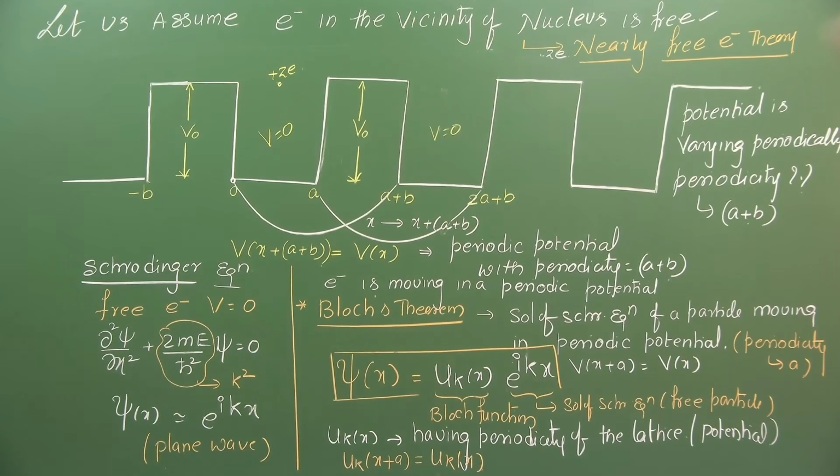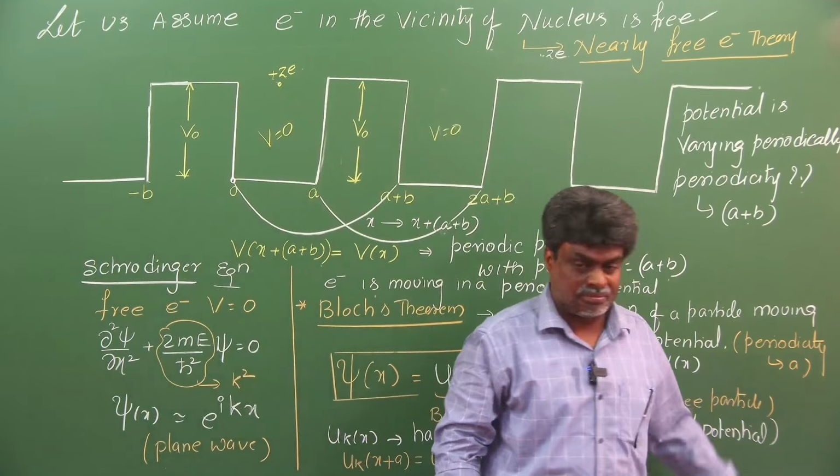In the theorem, I am assuming this potential. I am not doing the problem. Again, I will come back to the problem. Just wait. To understand Bloch's theorem, I have taken some potential of periodicity a.